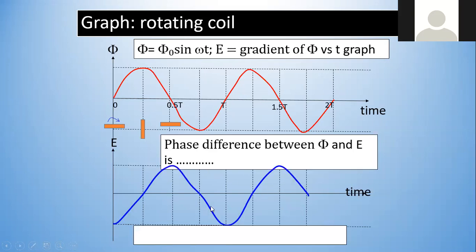Okay. And then the phase difference between the two waveforms is what? Anyone? Speak a bit louder. What's the phase difference between the two waveforms?